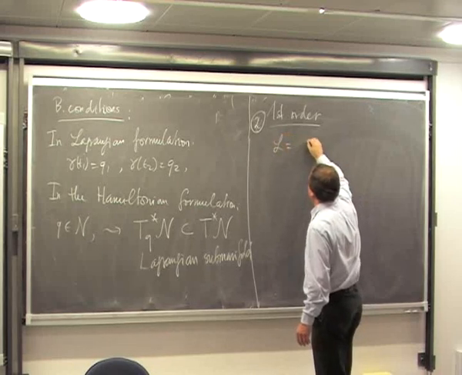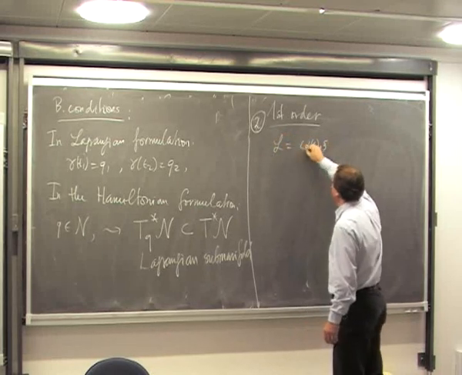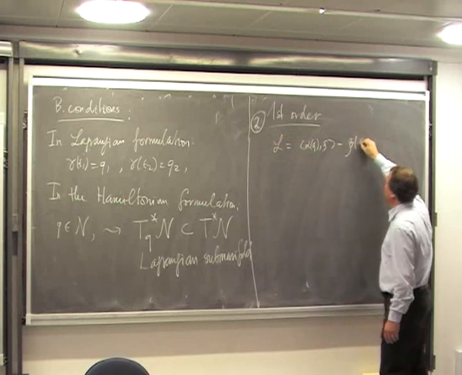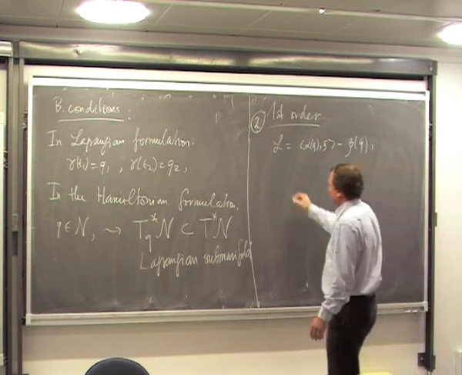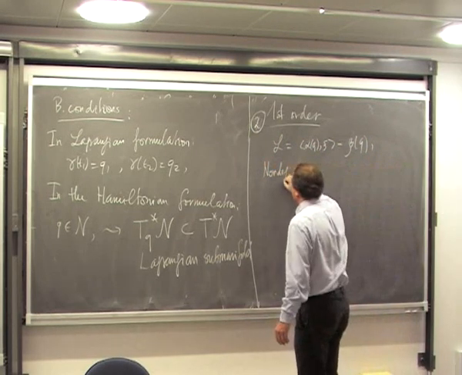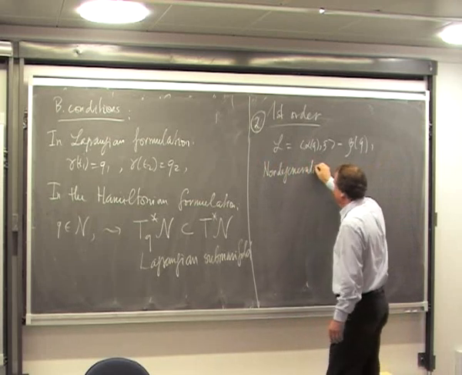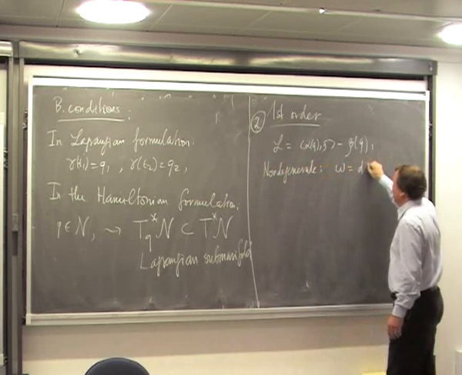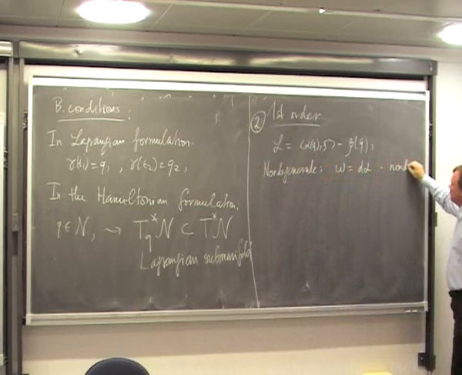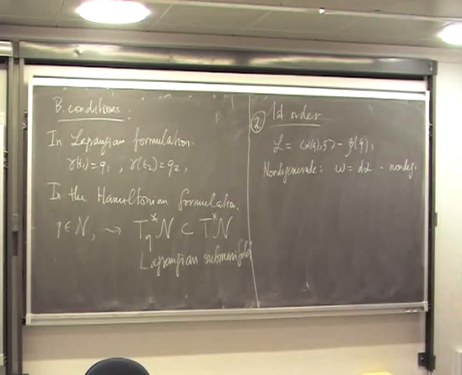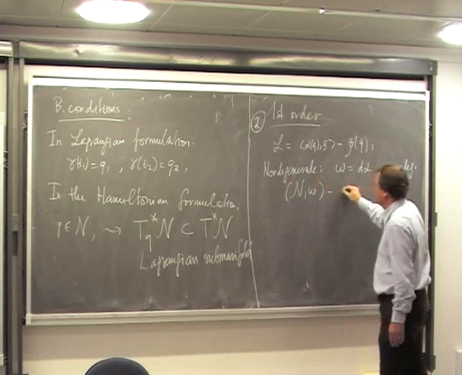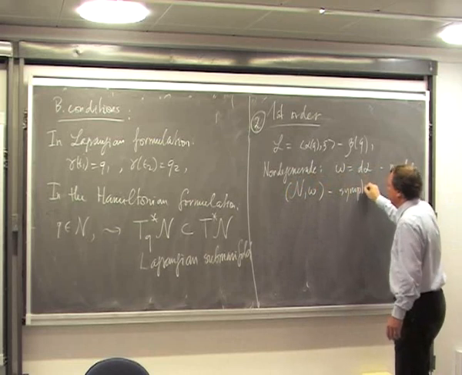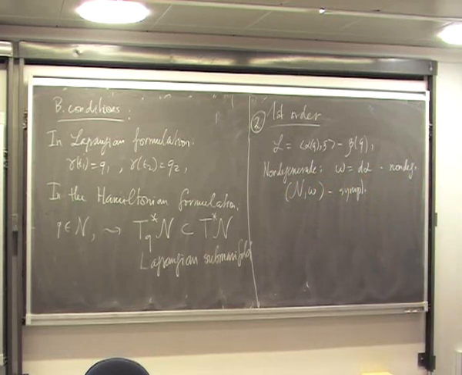So there the Lagrangian is given by this expression, and non-degeneracy means that this form is non-degenerate. It's obviously closed, so it defines the symplectic structure on N. And now you can see the difference between the second order system and the first order system.